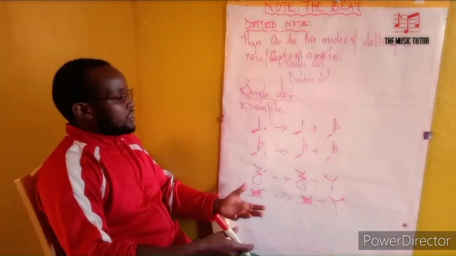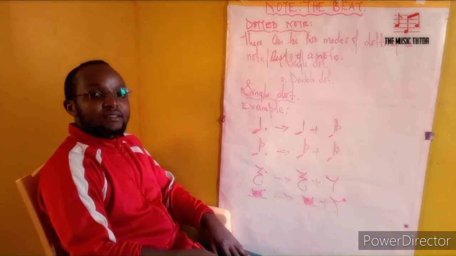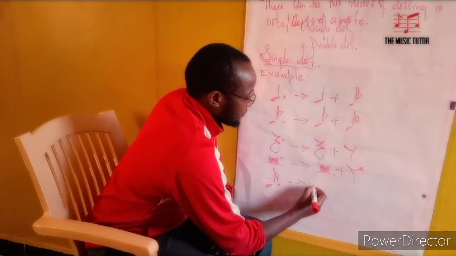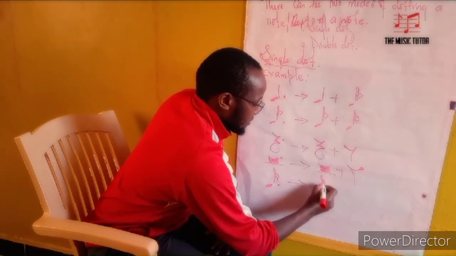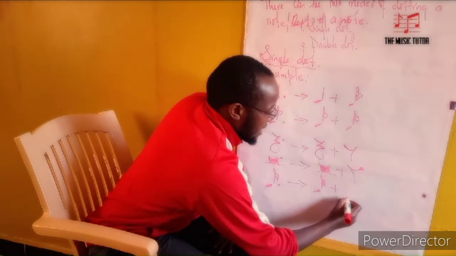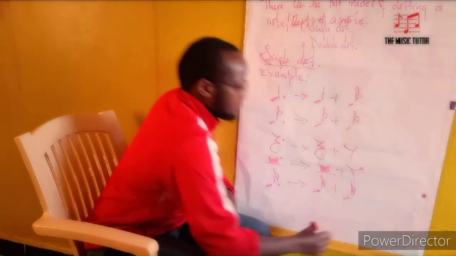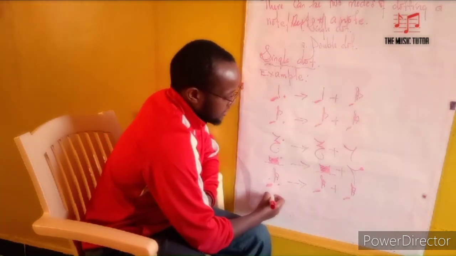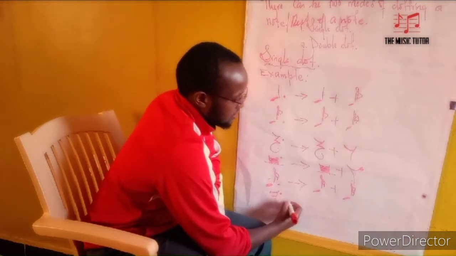And the trend continues. What if you dot a semiquaver? It will give you the value of a semiquaver plus a semi-demiquaver. And the rests also proceed the same way. The rest of a semiquaver has two flags, dotted on the right.